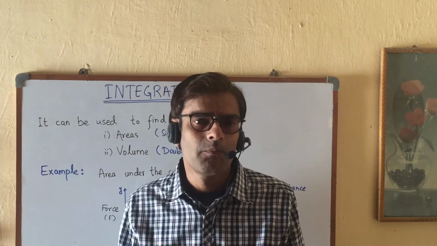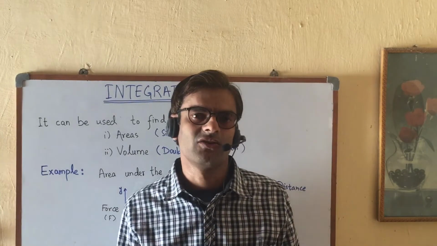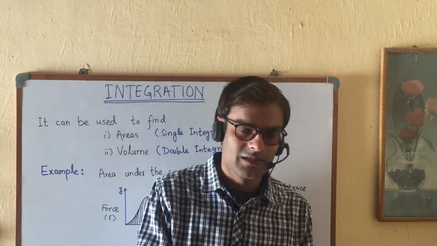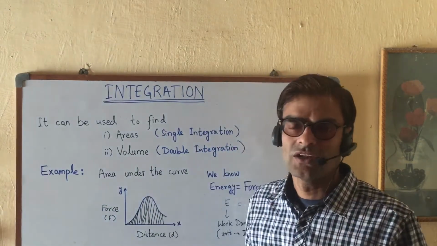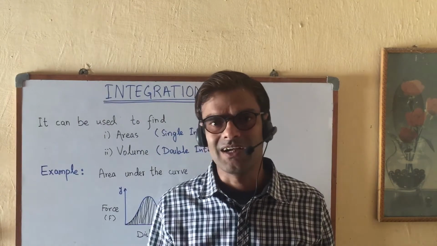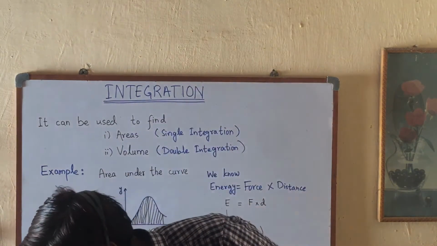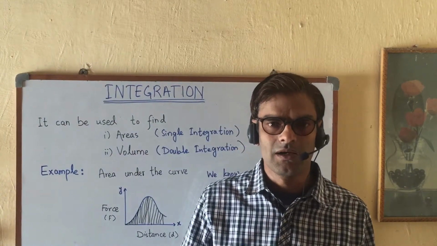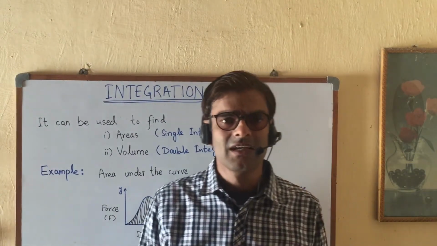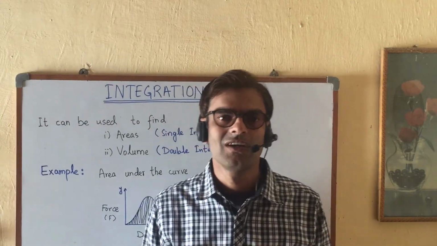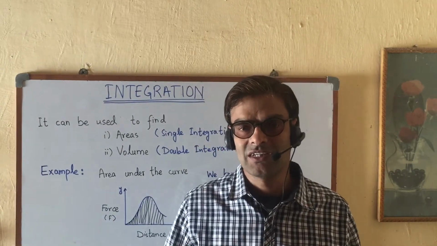It's understood. But physically, how can I interpret integration in this situation? What I'm doing here is disintegrating, breaking into different pieces. This glass will be broken into different pieces. This is differentiation.